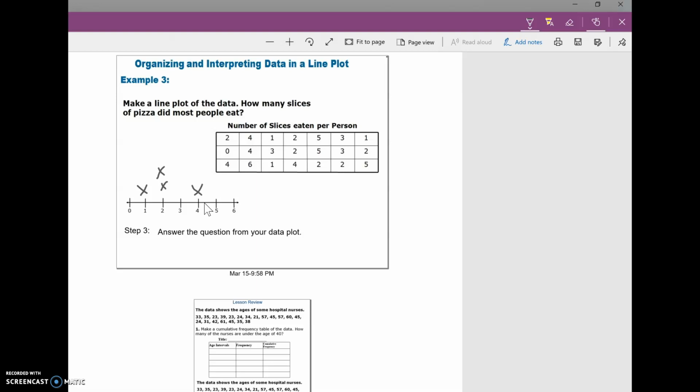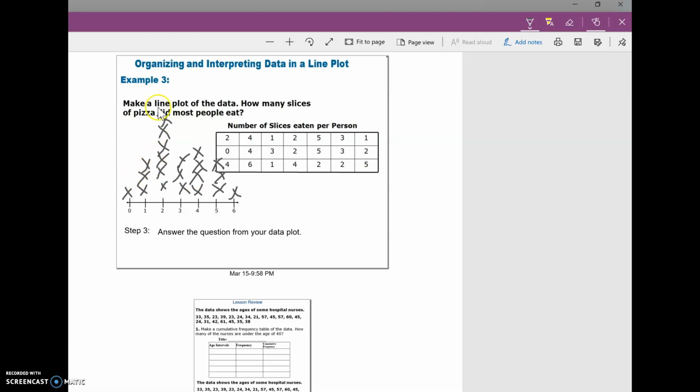And you just stack the numbers up. 5, 3, 1, 5, 3, 1, 0, 4, 3, 2, 0, 4, 3, 2, 5, 3, 2, 5, 3, 2, 4, 6, 1, 4, 6, 1, 4, 2, 2, 5, 4, 2, 2, 5.